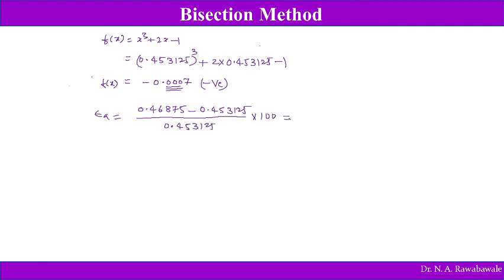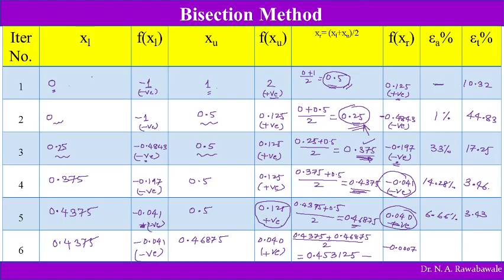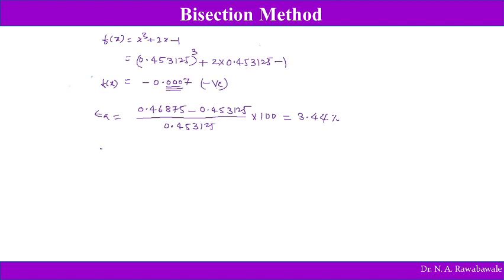This gives us approximate error as 3.44%. So we write here 3.44%, and then we try to find out the true error.